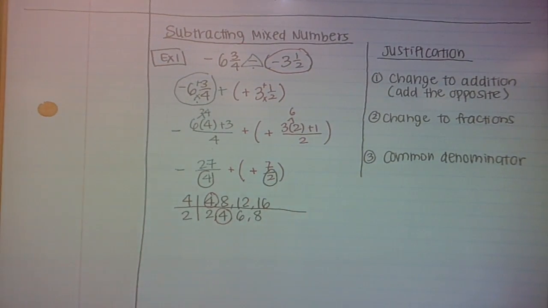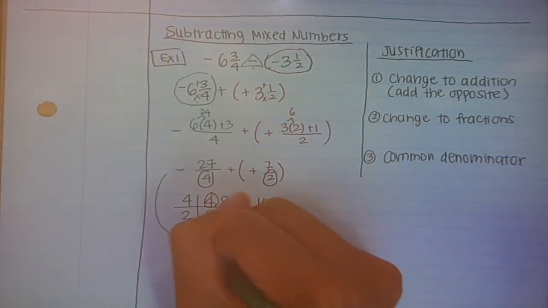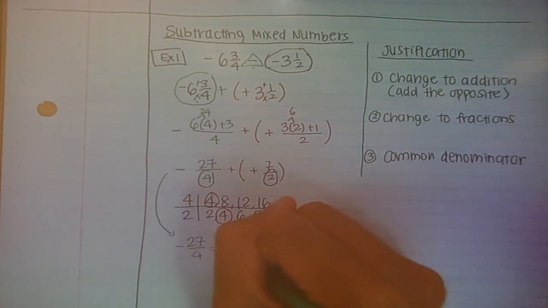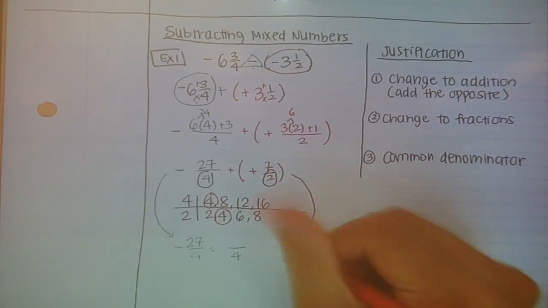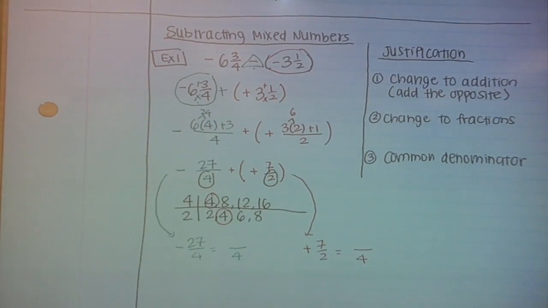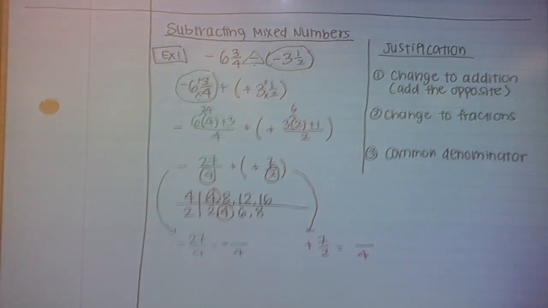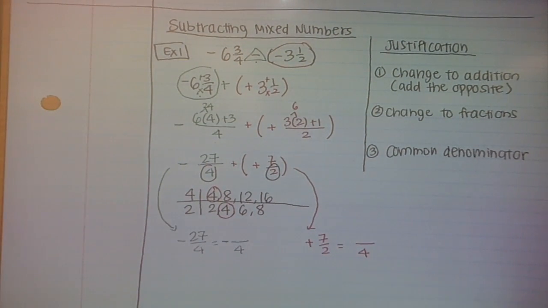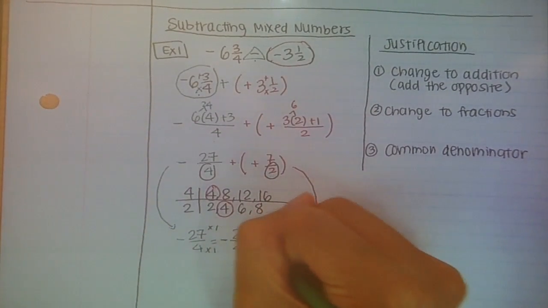So I need to turn negative 27 fourths into a denominator of 4, something over 4. And I need to change positive 7 halves into something over 4. And this one still is negative. So I know 4 times 1 is 4, so I do 27 times 1 is 27.